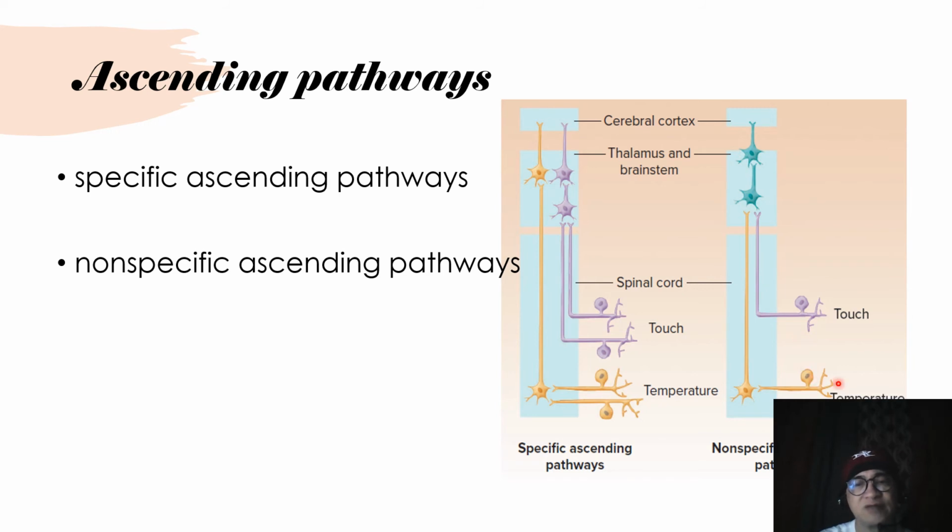The pathway involves the sensory receptors that transmit the signals to the polymodal sensory neurons and then send these to the brainstem reticular formation, the thalamus, and then finally to the non-specific cerebral cortex. So the kinds of stimulus, or rather the information that they bring, are general or non-specific information along the non-specific ascending pathways.